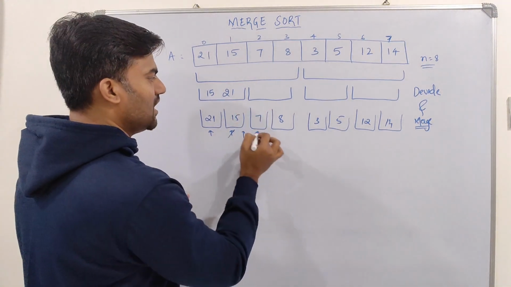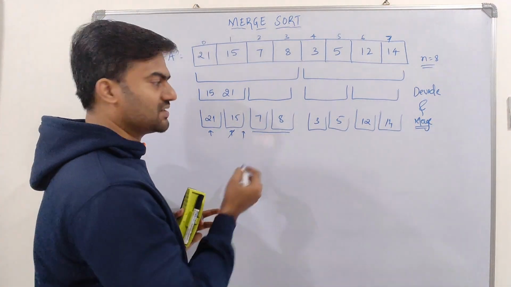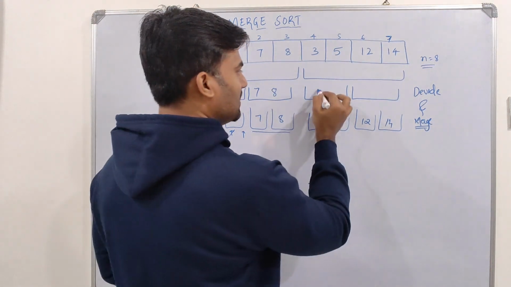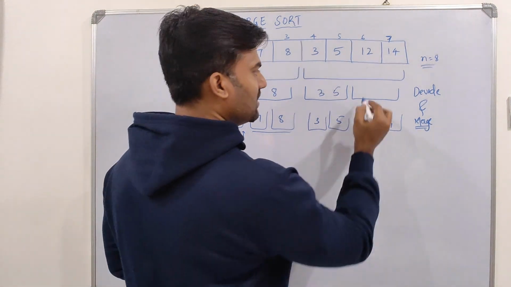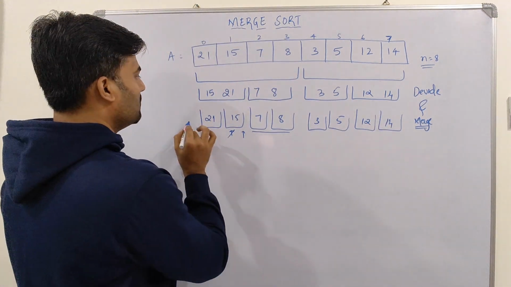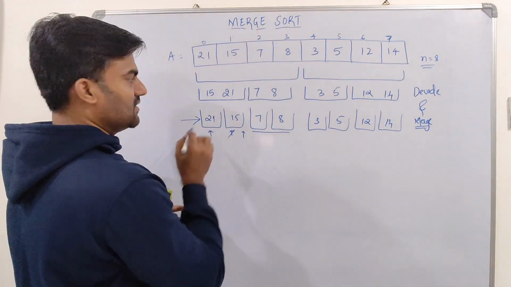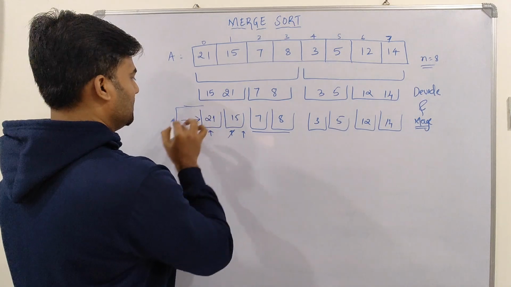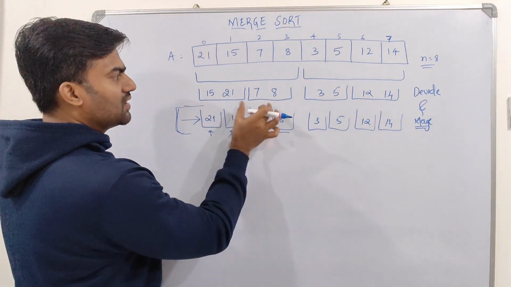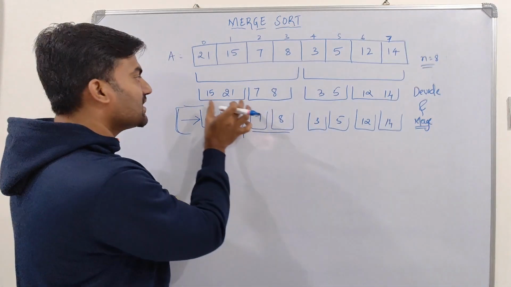Now I will do it for the next two elements. Since they are in proper order, 7, 8 is in proper order, and 3, 5 is also in proper order. So after this step we have properly sorted arrays.